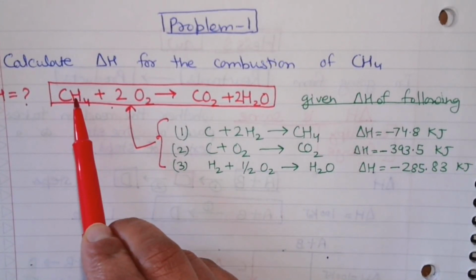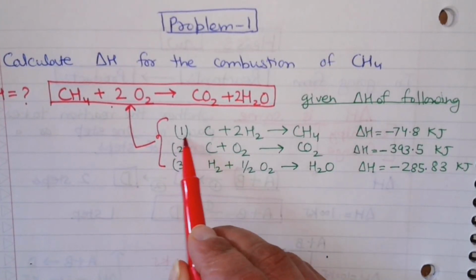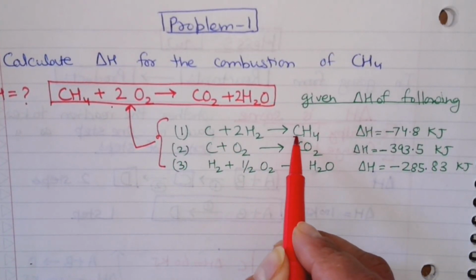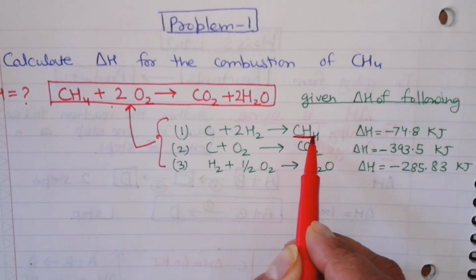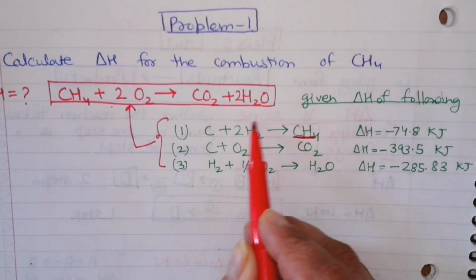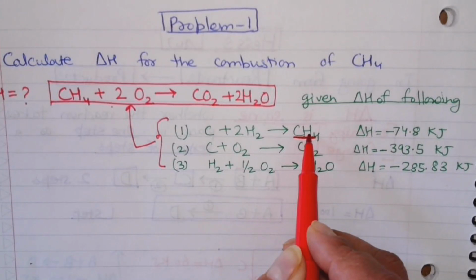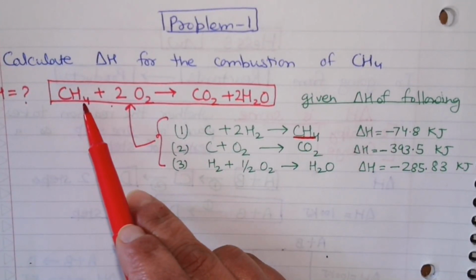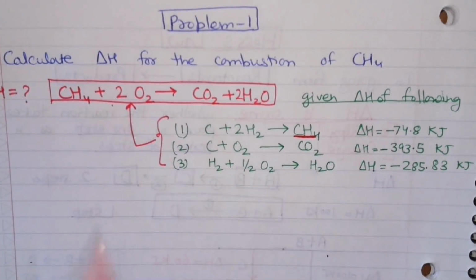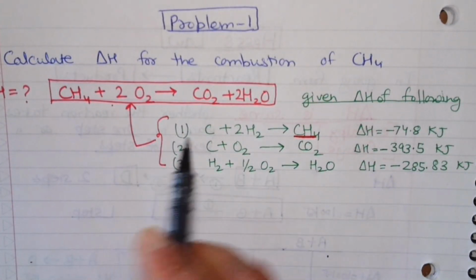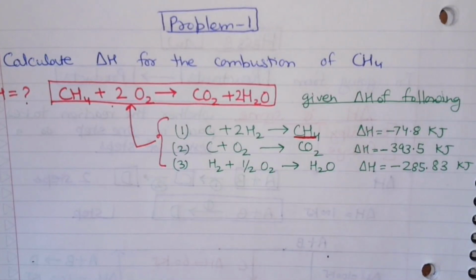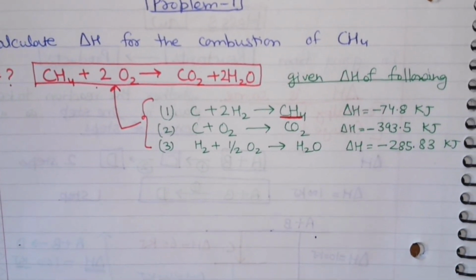We have methane on the reactant side, and in reaction 1, methane is on the product side. So I need to change reaction 1 so that methane becomes my reactant, right? So what do I have to do? I will flip reaction 1. So let's flip reaction 1.